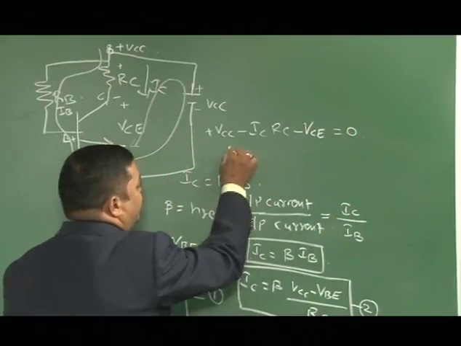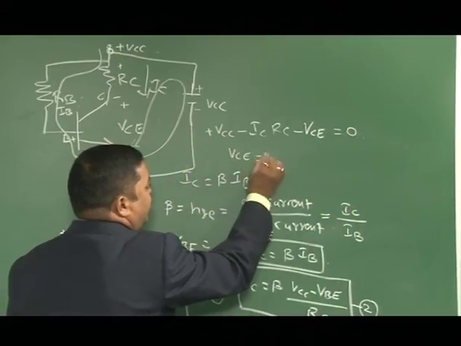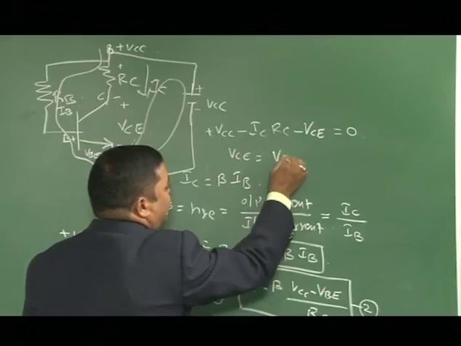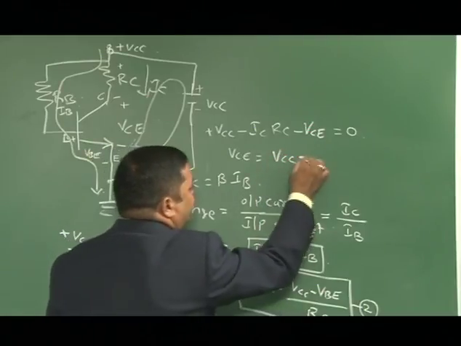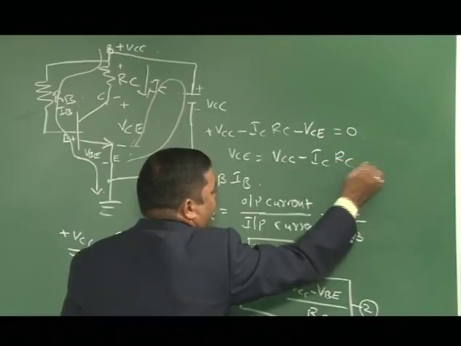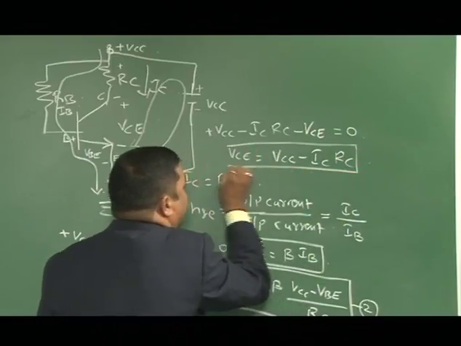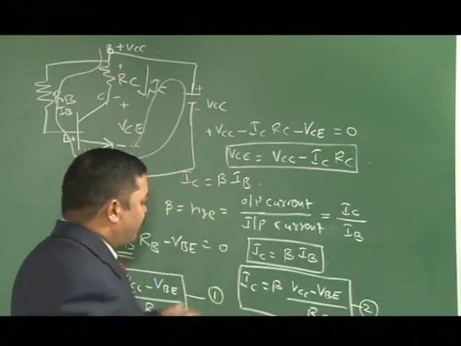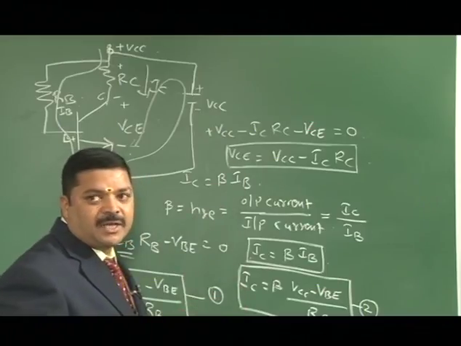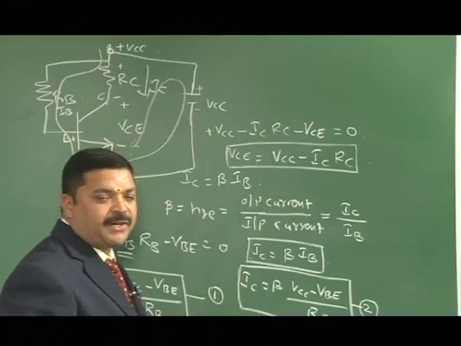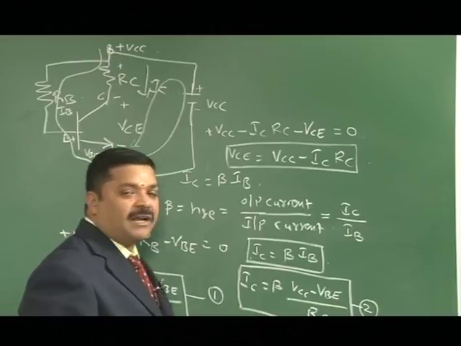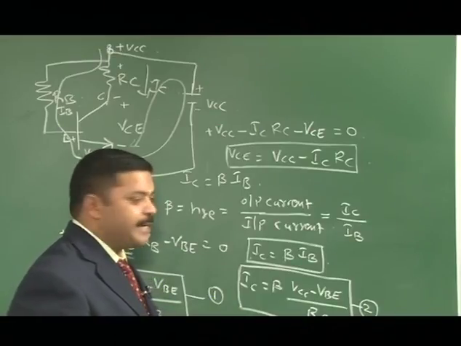So, what is VCE out of this? VCE is equal to VCC minus IC RC. So this is the equation for VCE. Why did I find out IC and VCE? Because the operating point, or the bias point or the fixed point, is an ordered pair of IC and VCE.